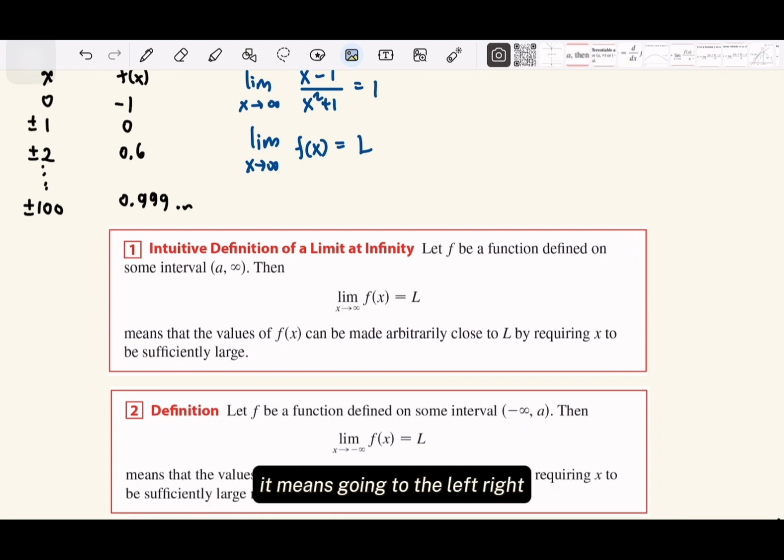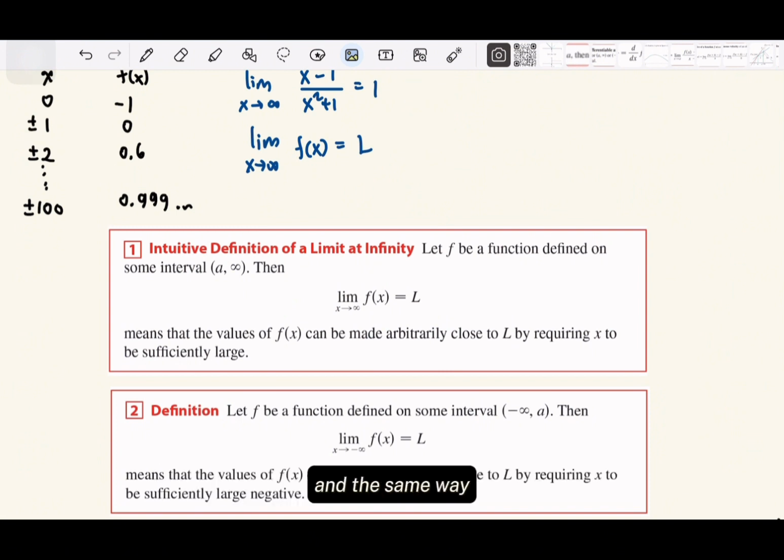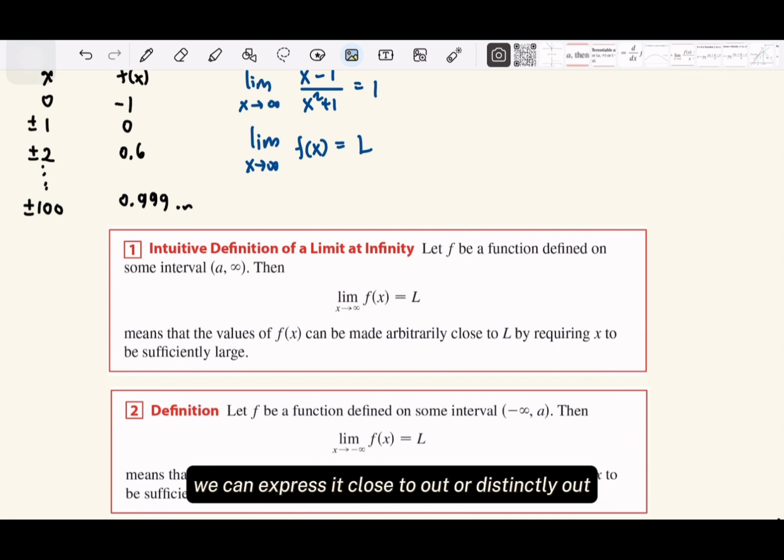It means going to the left, right? It means that x is approaching negative infinity. And the same way, we can express it as close to L, or just simply L, okay?